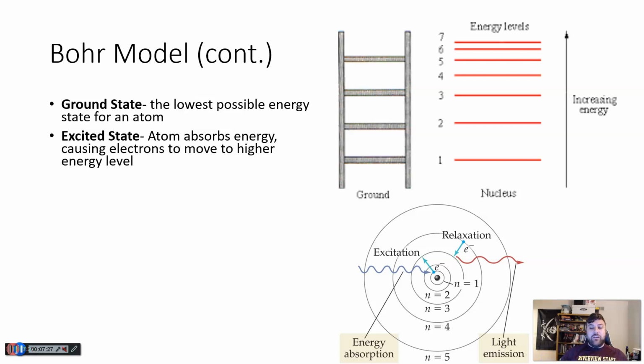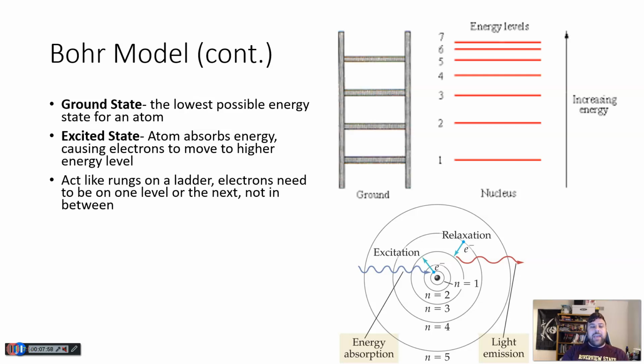So when energy goes in, the electrons get more excited, causing them to go to the next rung or two rungs up. But the atom doesn't want to stay in this state for long. Eventually, it's going to start releasing the energy, which we saw in the form of color for the flame. When that energy is released, the electrons drop back down to the ground state, the lowest energy level that they can be.